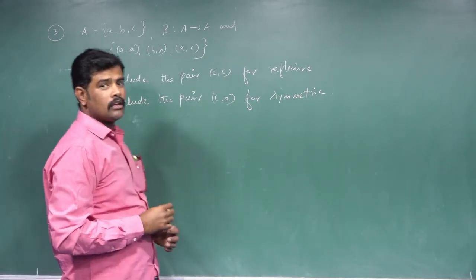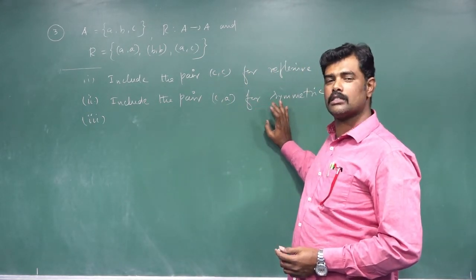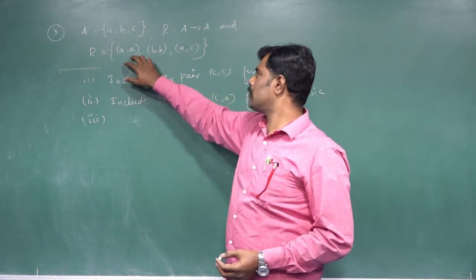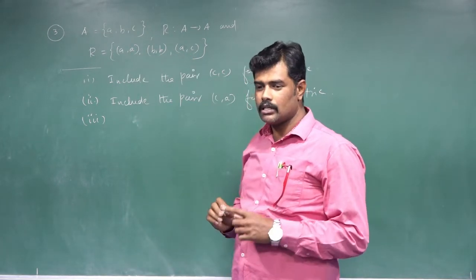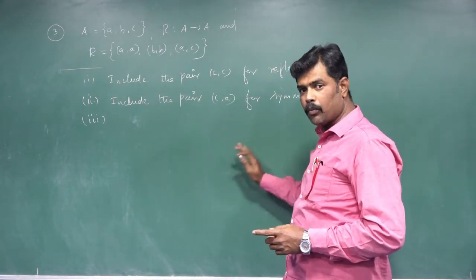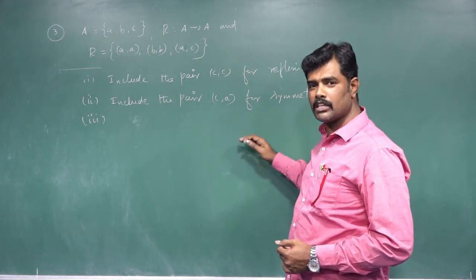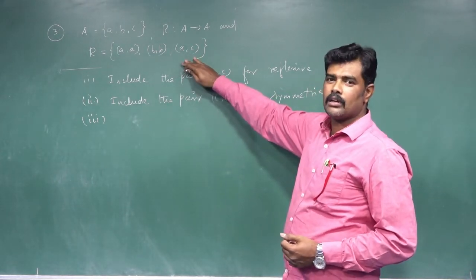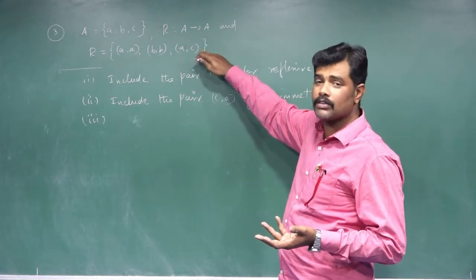Third case. Can anyone tell me, is this transitive or not? It is transitive only. How? What is the condition for transitive? We can leave the same-element pairs. The condition for transitive: if (a,b) and (b,c) are both included in the relation, then we verify whether (a,c) belongs to the relation or not. But here only (a,c) is present.